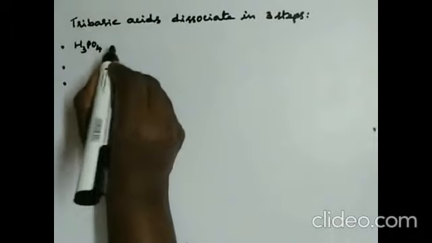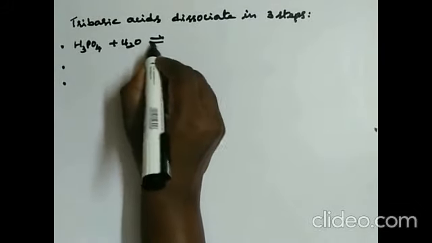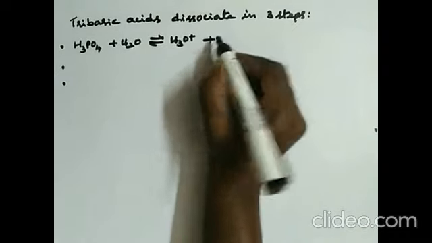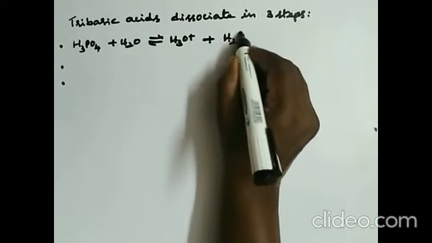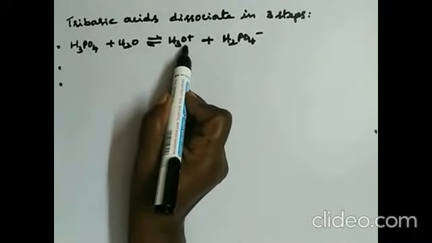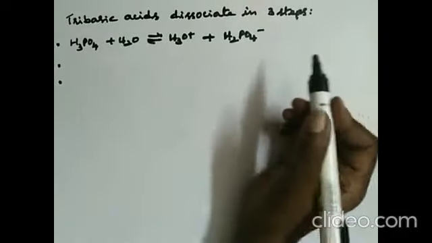H3PO4 combines with water, dissociates to produce hydronium ion plus H2PO4 minus ion. That is, one of the H combines with water to form hydronium ion. The rest is H2PO4 minus.